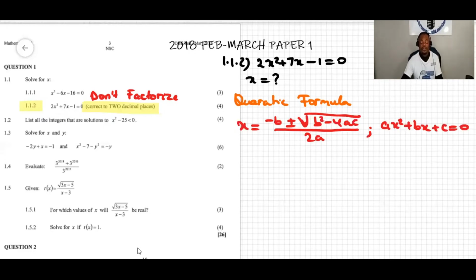First of all, we're going to identify the values of a, b, and c in the quadratic equation. Then we're going to sub those values into the quadratic formula to find the value of x.